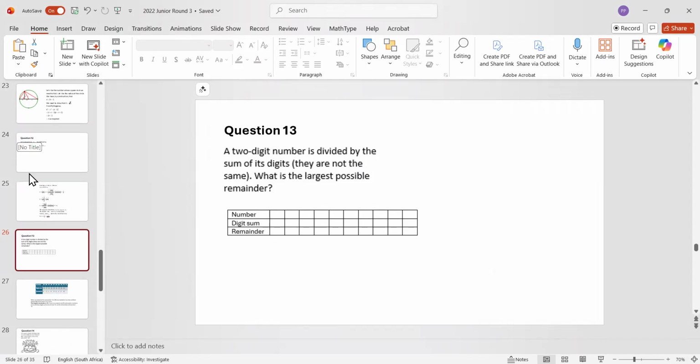Question 13 says the following. A two-digit number is divided by the sum of its digits. So let's just see what this means. If I take a two-digit number like 23, and I divide it by the sum of its digits, 2 plus 3, so I'm dividing 23 by 5.